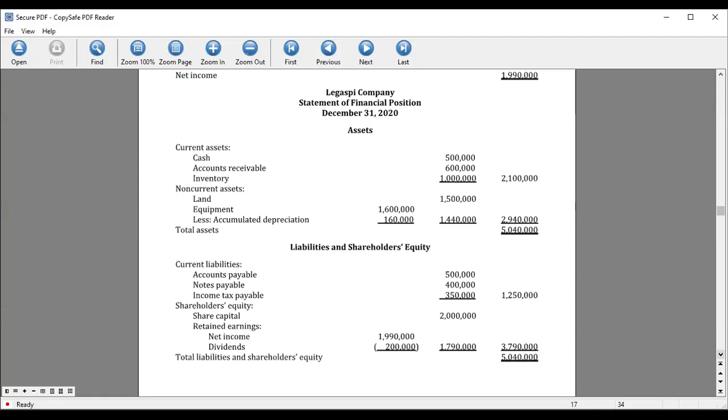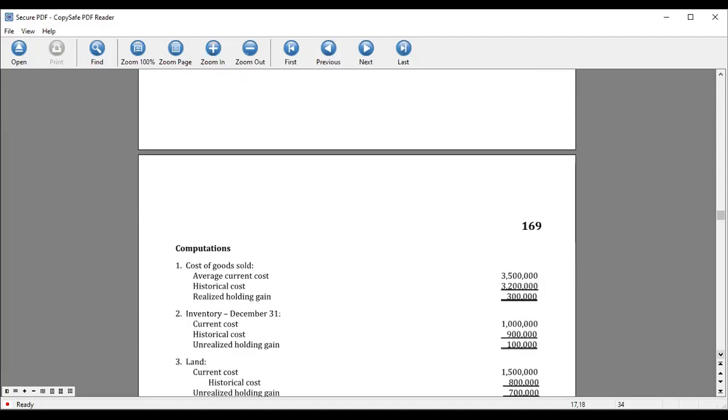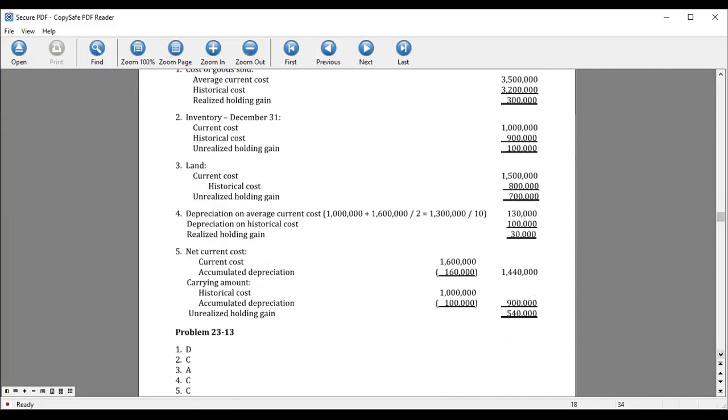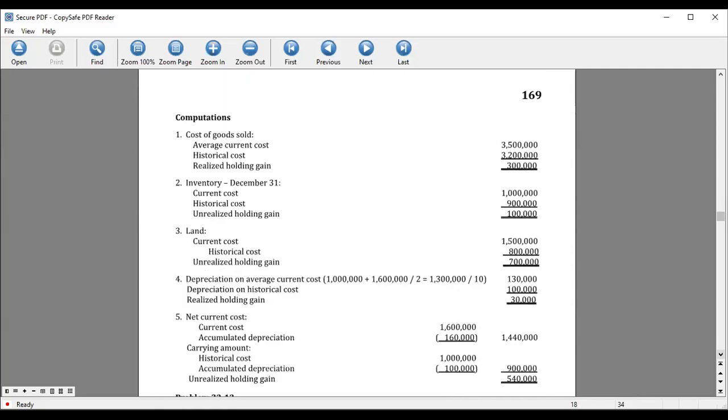Then retained earnings of 1,990,000 based on the current income statement, and we deduct the amount of dividends given at 200,000, which is already at current cost. So we have the total liabilities and shareholders' equity of 5,040,000.